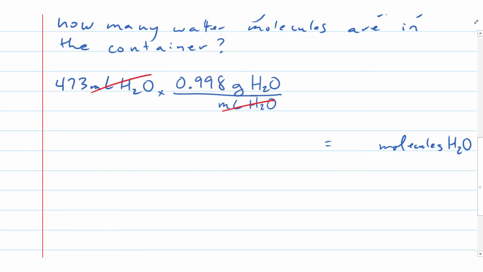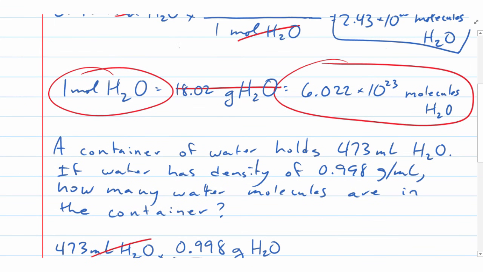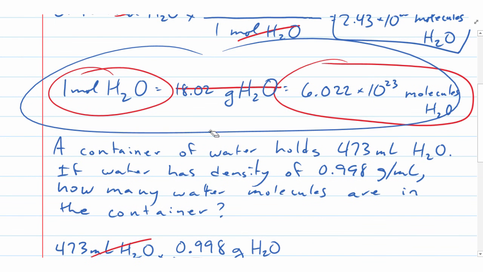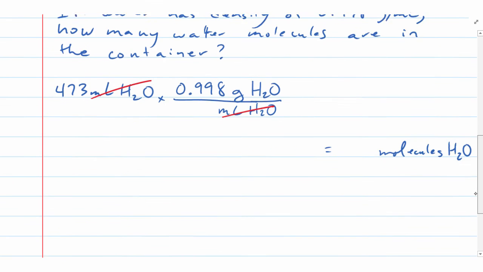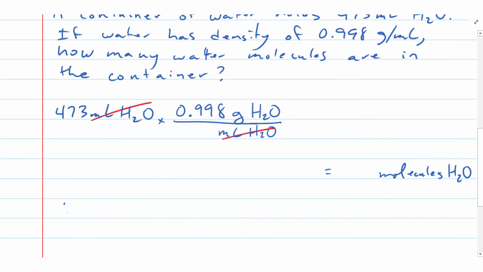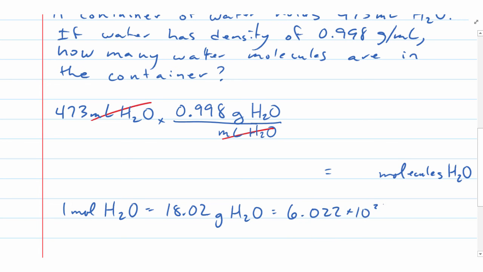Well, now if we start writing down some facts, we wrote these down just right up here. We can write them down again. We could say that for every 1 mole of water, we have 18.02 grams of water, and this contains 6.022 times 10 to the 23rd molecules of water.